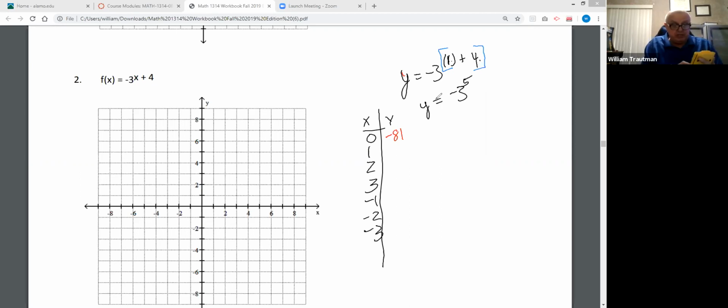Oh, Lord, 3 to the 5th power. It's huge. -243. My graph only goes to 9. So if I put a 2 in there, it goes to 6 power. 3 in there, it goes to 4 power. So I'm not doing those. They're off the chart. But I will do -1.